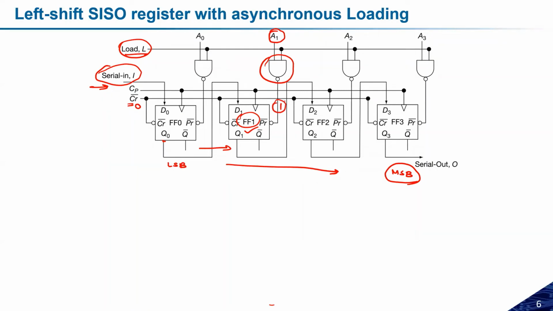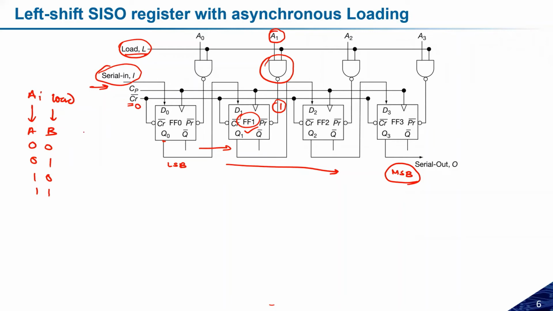If you see the truth table of the preset NAND gate, it is like A and B: 0 0, 0 1, 1 0, 1 1. A is nothing but A1 here, and B is the load. These are the 2 inputs which we have.